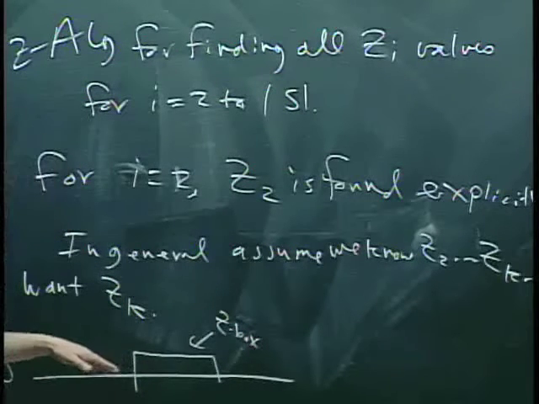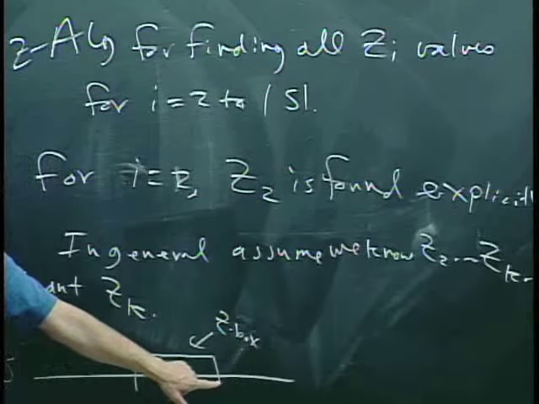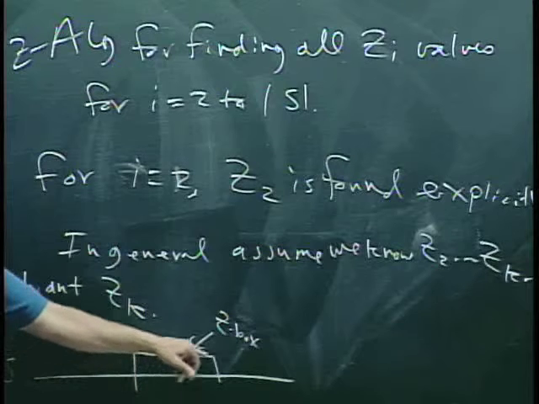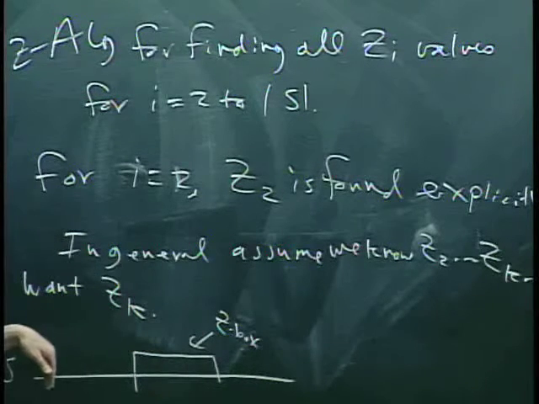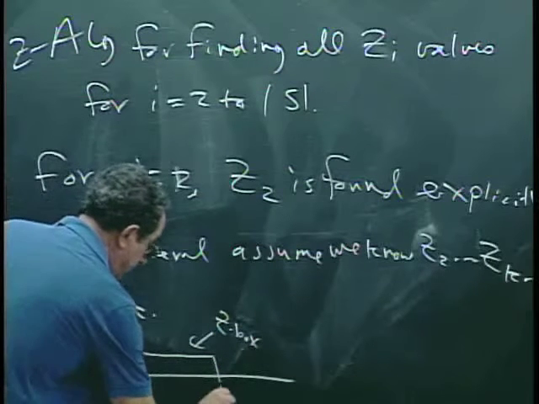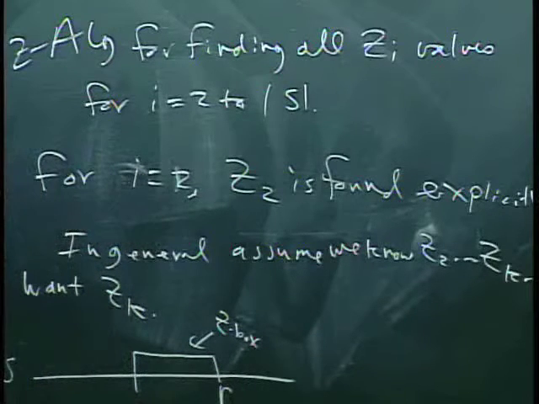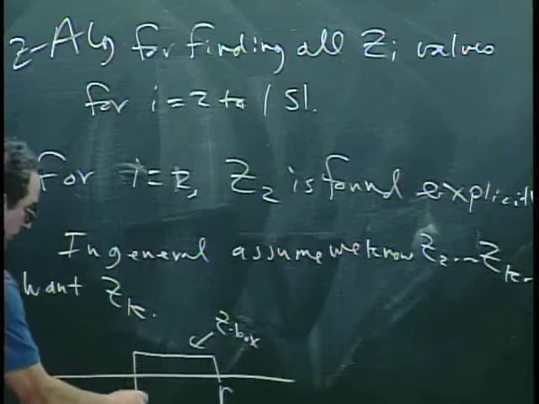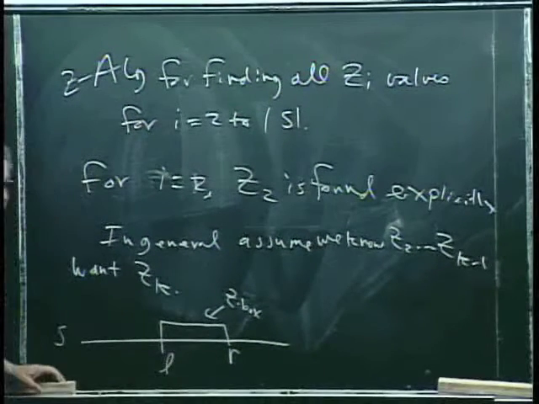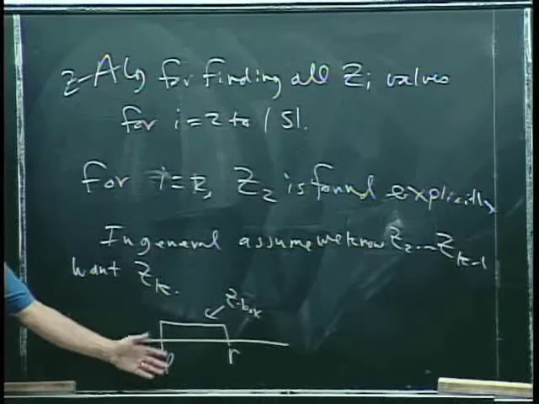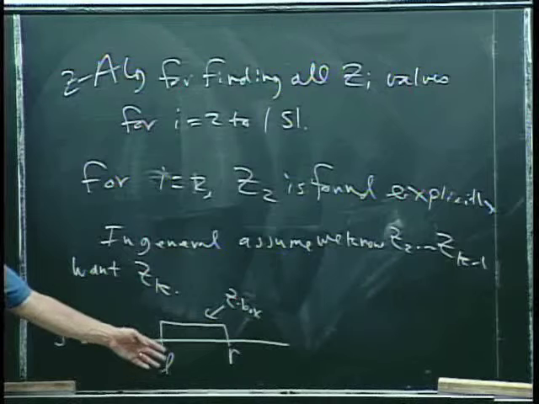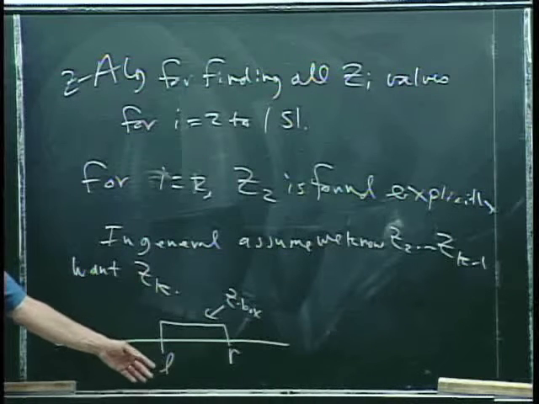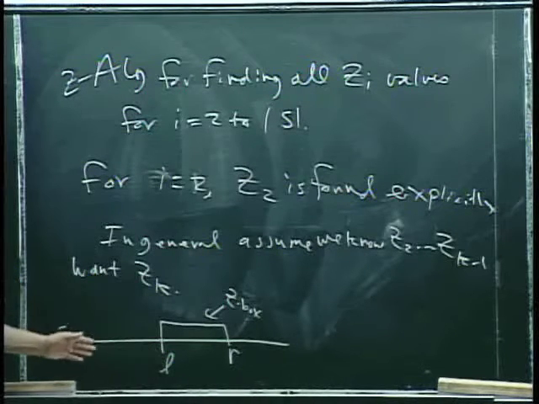And as the algorithm proceeds, there's a rightmost point that's contained in any of the Z boxes. There's a rightmost point that's contained in any of the substrings that we found so far that match a prefix. So R is the rightmost point in any Z box, and the corresponding leftmost point of that Z box is L. Actually, L you only need if you're programming, to figure out some of the other variables.